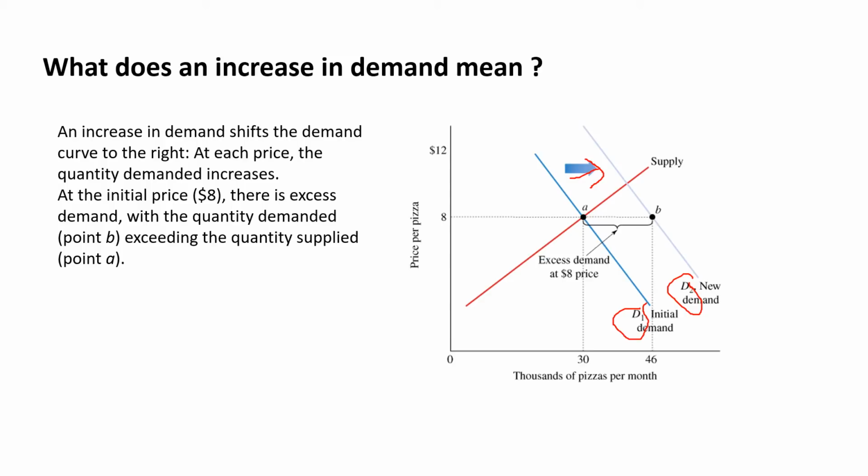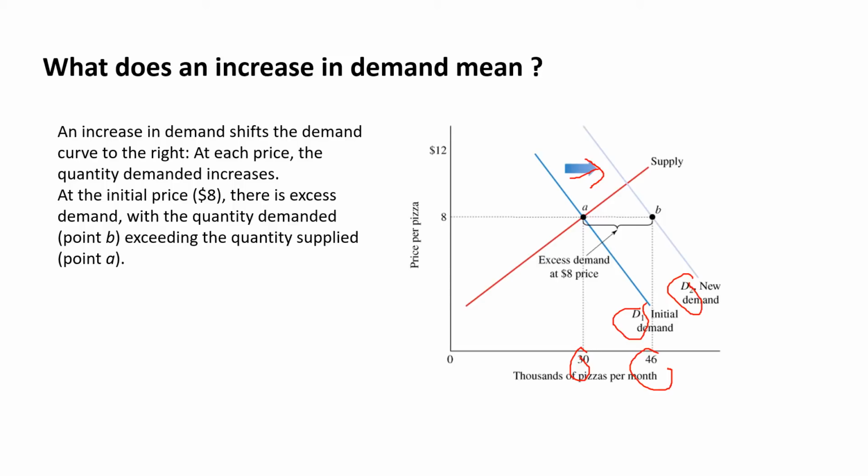At this price, the quantity demanded increases, as we can see. At a price of 8, the quantity demanded is 46 when we move to the new demand curve. Previously, on the old demand curve, the quantity was 30, and now it is 46. So at the initial price of 8, there is an excess demand.